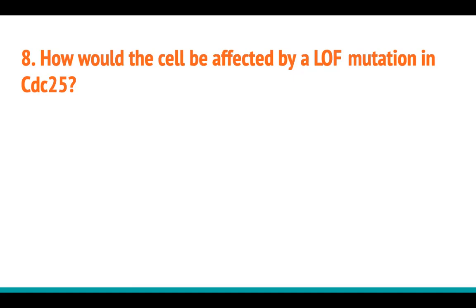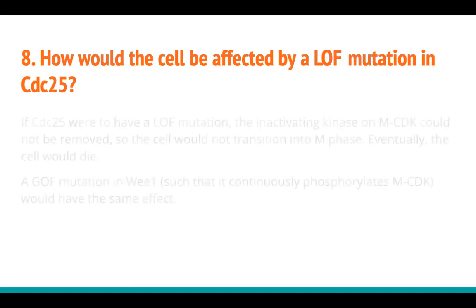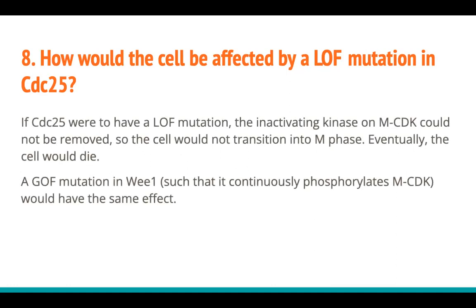So there would be low levels of CDK cyclin activity, and the cell cycle wouldn't progress, because it wouldn't be able to take off that inhibiting phosphate, so it wouldn't progress into M phase. And eventually, if you get stuck for too long, the cell will die, because the cell will try to correct mistakes it makes when dividing, but eventually it's not worth the energy, or the cell assumes whatever went wrong can't be fixed, so it will initiate a programmed cell death pathway.